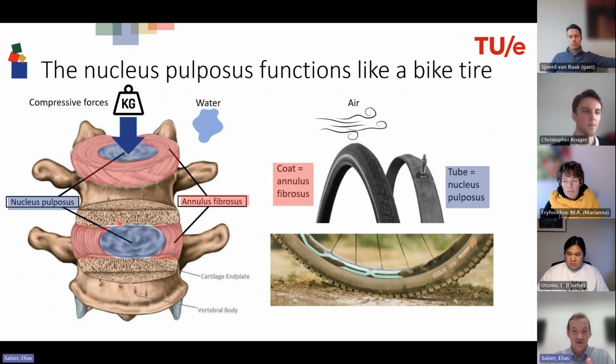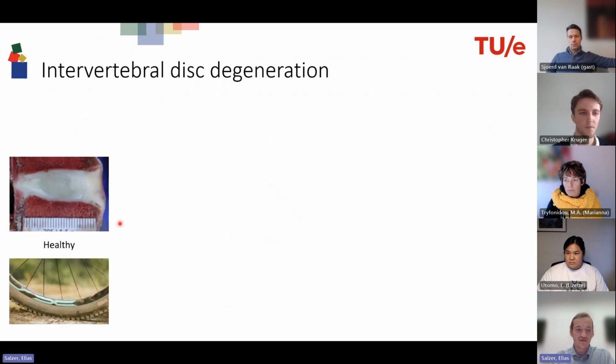So actually, the pressurized air in the wheel is comparable to the water that is attracted to the nucleus pulposus. So this water that is attracted by these diaper-like molecules acts like the bike tire. This is the biomechanical function. And this is what I have now explained.